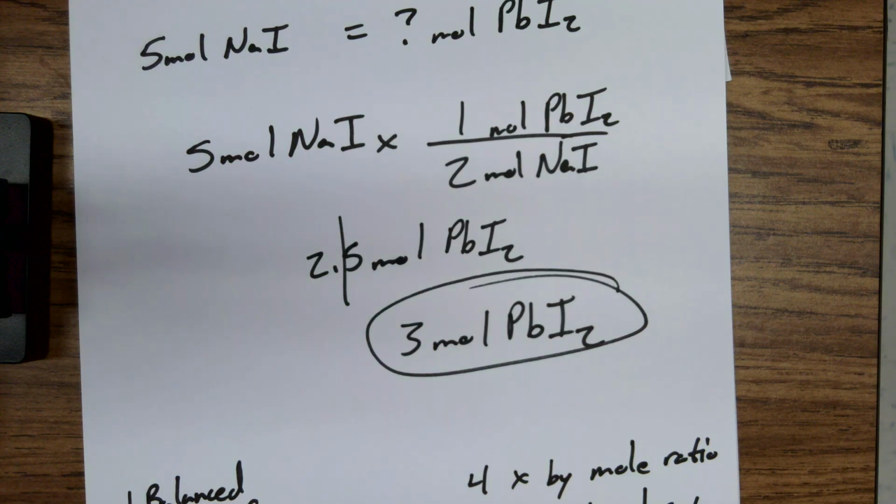Is there any other question from the homework that we'd like to walk through? Because I will tell you, on the quiz that you will take next class, some questions you'll just go from mole to mole. Other questions you're going to go from volumes to particles, or particles to grams, or grams to grams, or grams to moles.